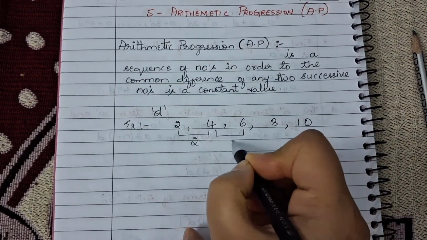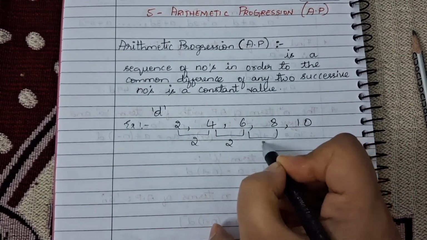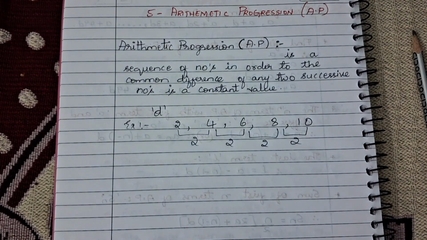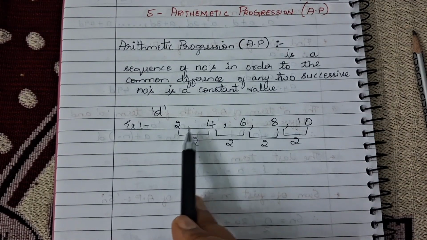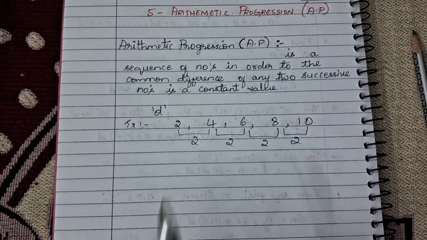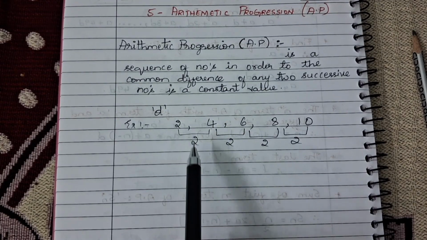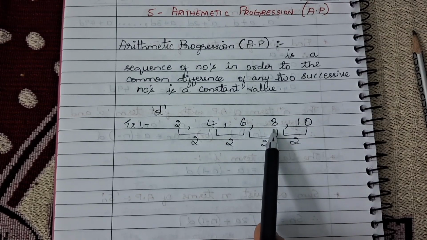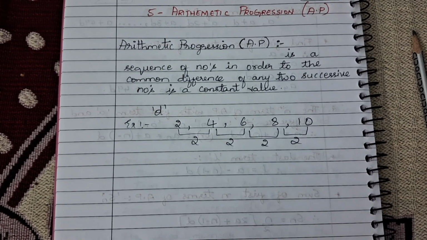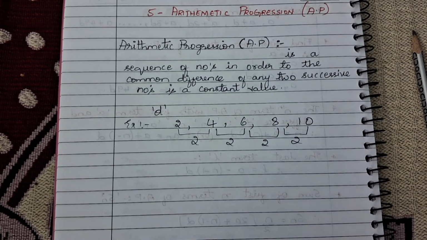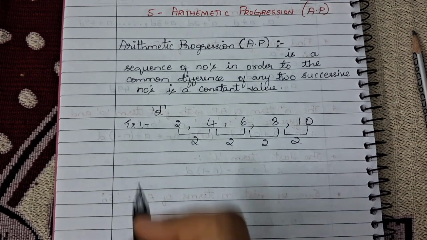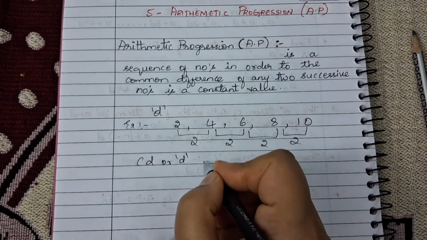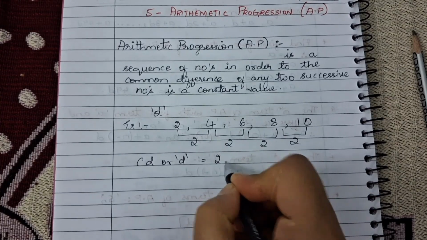Again 4 and 6, 2. 6 and 8, 2. And 8 and 10, 2. The difference between the two terms is called the common difference. That is 4 minus 2 is 2, 6 minus 4 is 2, 8 minus 6 is 2, 10 minus 8 is 2. Here the common difference, that is CD or D, D is 2.